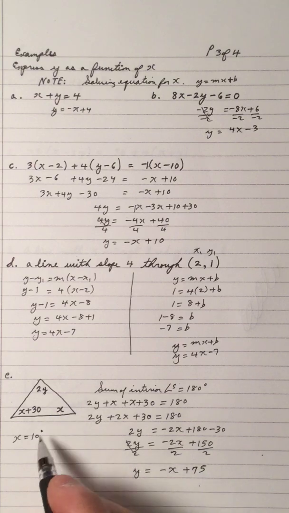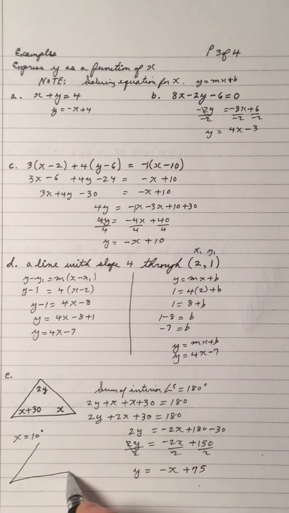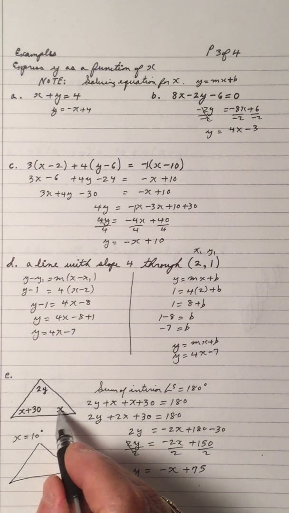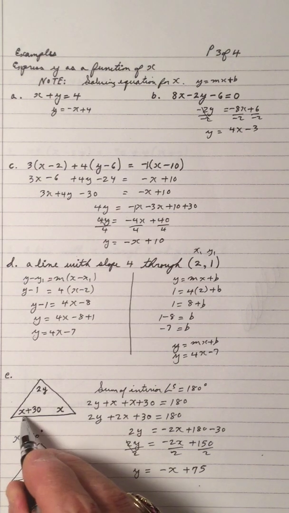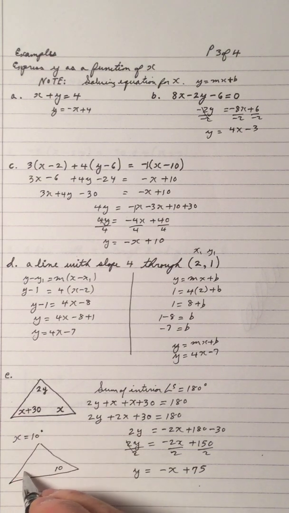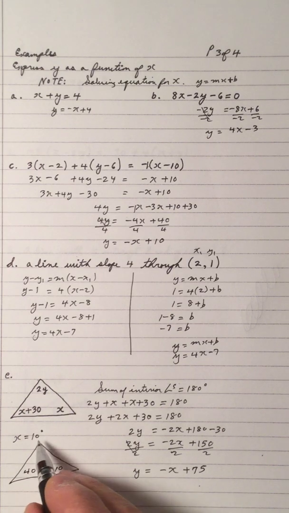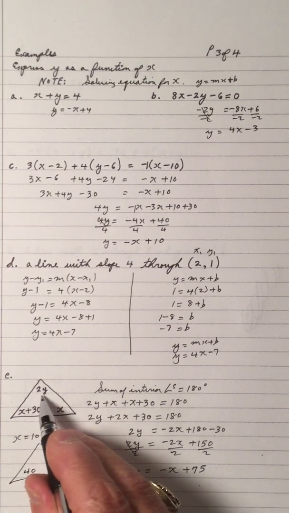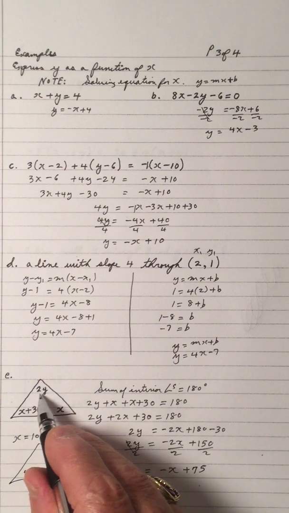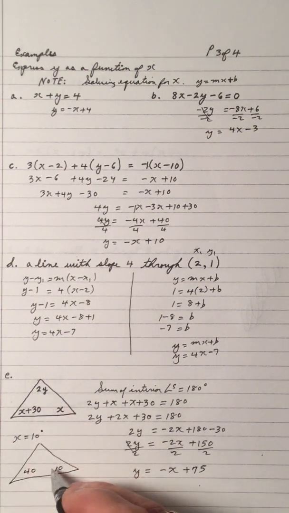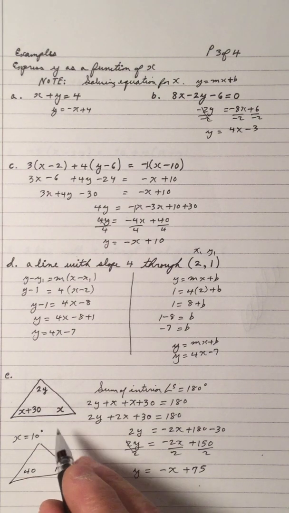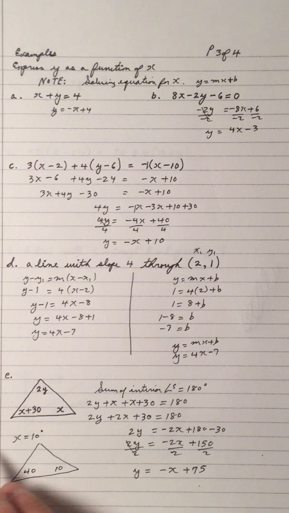If you took x to be 10, then this triangle would have x is 10, x is 10 right here, so that makes that a 40. That makes that 2y, that's 50. So 2y, if you look here, 2y would be 180 take away 50, which is 130. So that would make y 65.